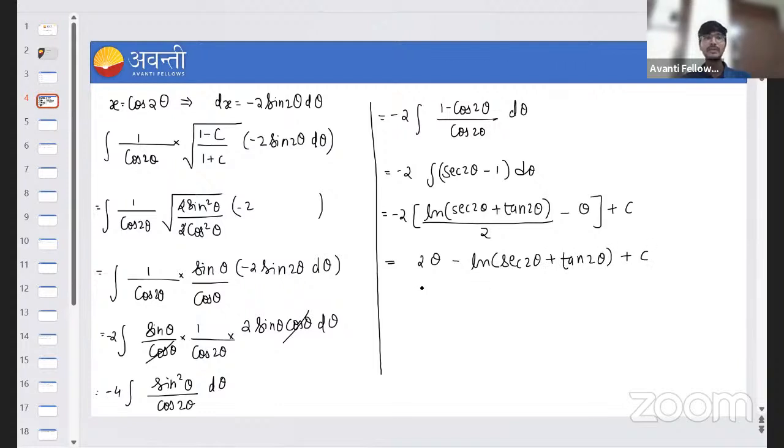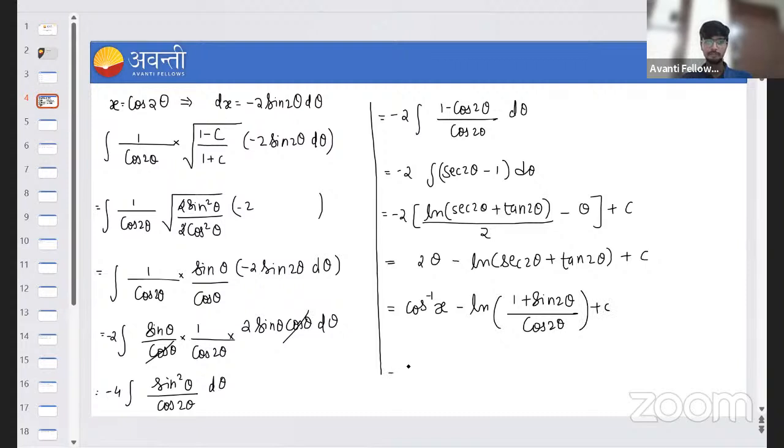Now we just have to resubstitute. We can see cos 2 theta is x, so 2 theta will be cos inverse of x, minus ln. What is sec 2 theta? I can write it as 1 upon cos 2 theta.